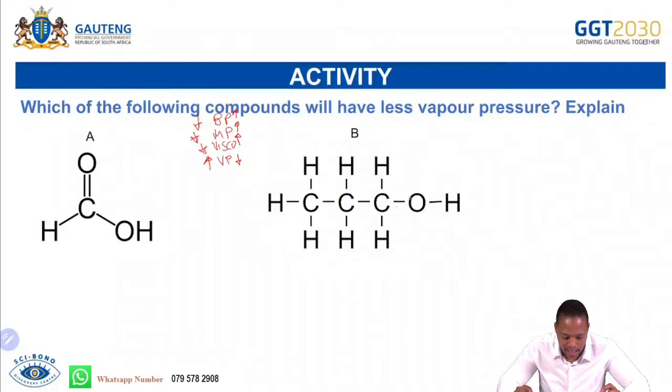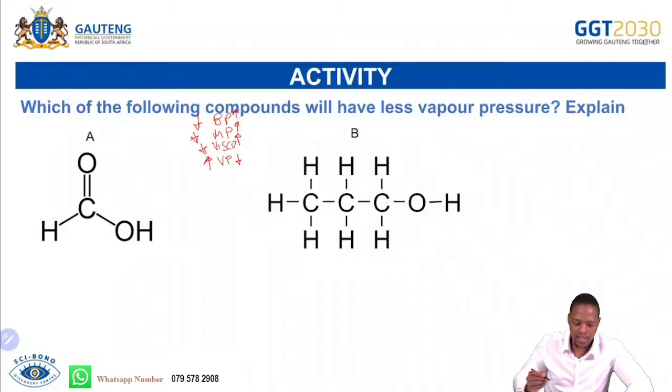The one that has less vapor pressure must be the one that has the highest boiling point, because higher boiling point, higher melting point, higher viscosity, lower vapor pressure. So the one with the higher boiling point must have the less vapor pressure.